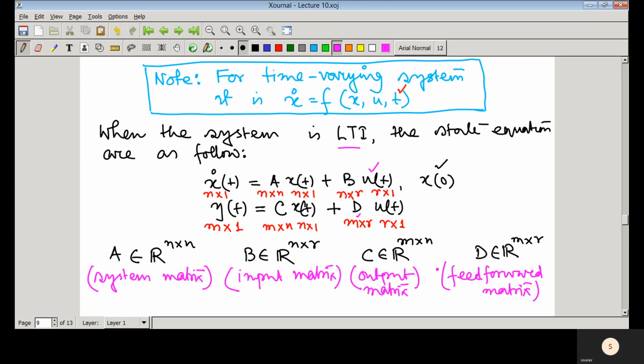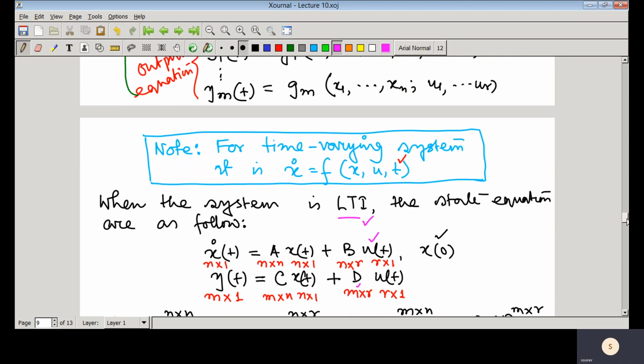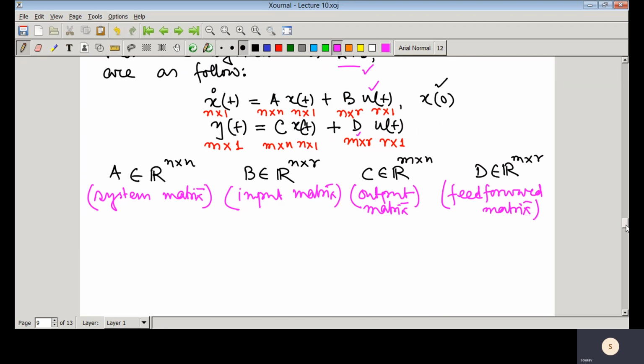So now we can see here that if the system is a linear time invariant system, we can represent those state equation and output equation in matrix form, and these are the dimensions of that matrix. So now we'll see that if a system is described in state space form and we have a linear time invariant system, the state space can be represented in matrix form.